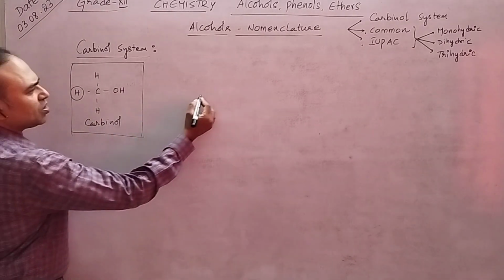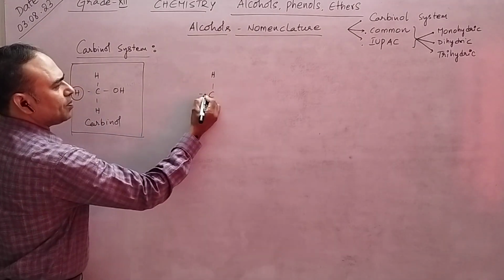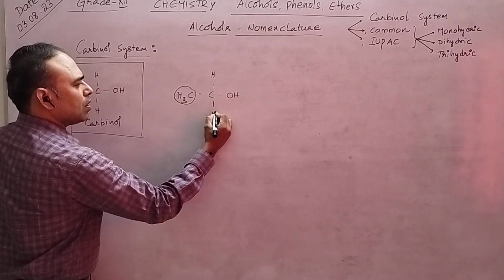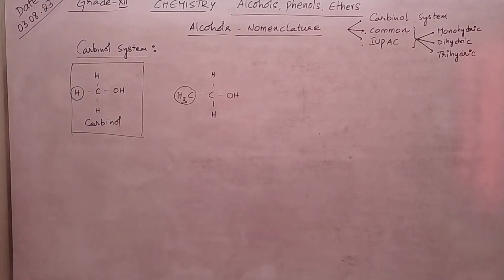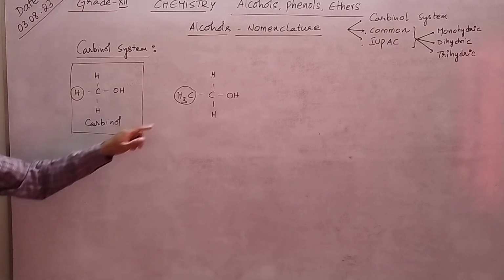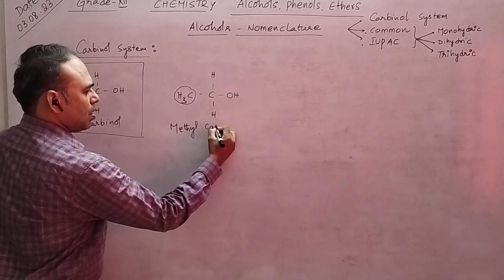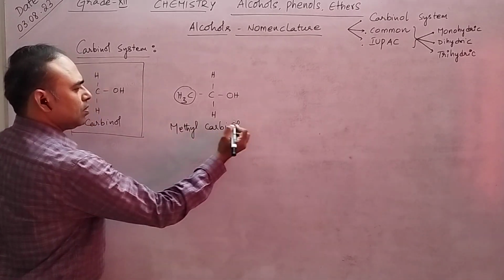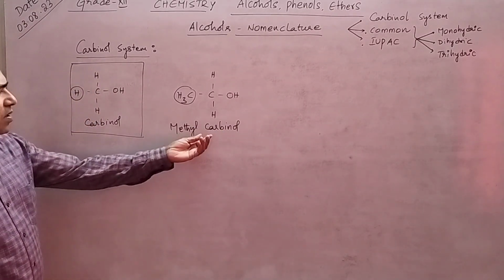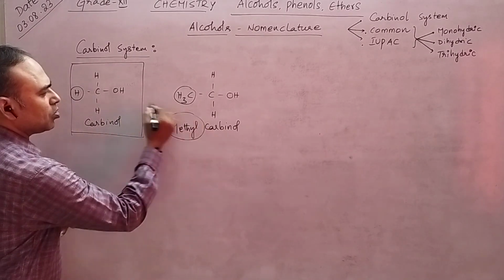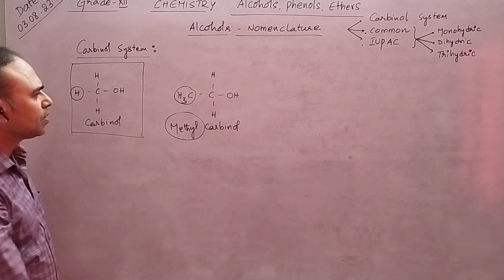If this hydrogen is replaced with a methyl group, the structure of methyl alcohol is as it is, wherein the hydrogen is replaced with the methyl, and we name it as methyl carbinol. Very simple system of nomenclature, where the carbinol hydrogen is replaced with the methyl, so we call it methyl carbinol.